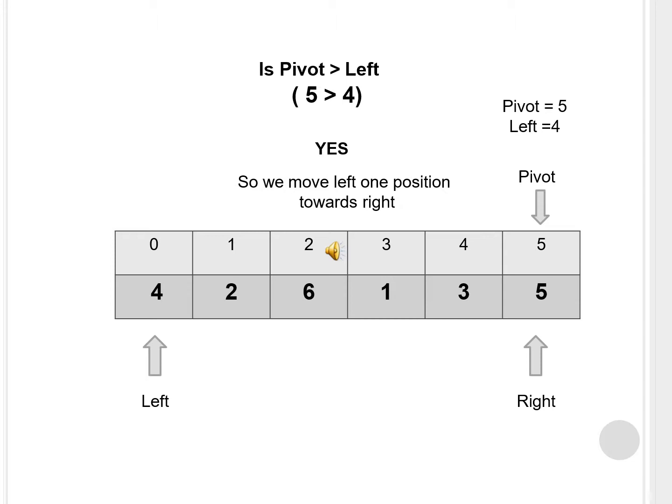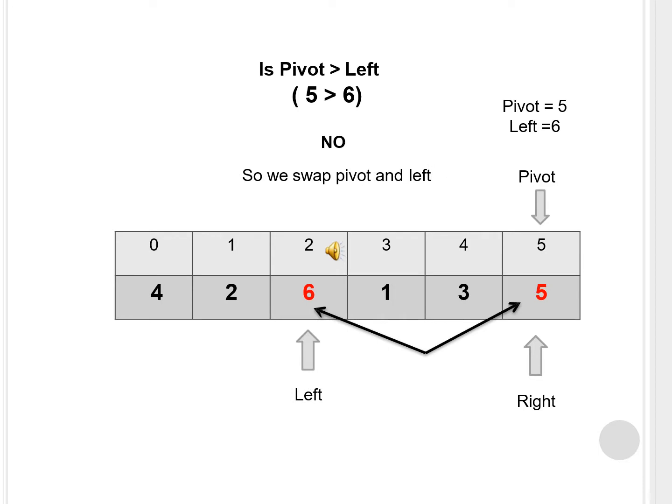So we will move our left pointer towards the right, that is, left will become left plus 1. Now 5 is being checked with 2. 2 is still smaller than 5, so there is no need to change its position. Now 5 is being compared with 6. 6 is greater than 5, so their positions get interchanged. Now the new array is 4, 2, 5, 1, 3, 6 and the pivot element is present at index 2.